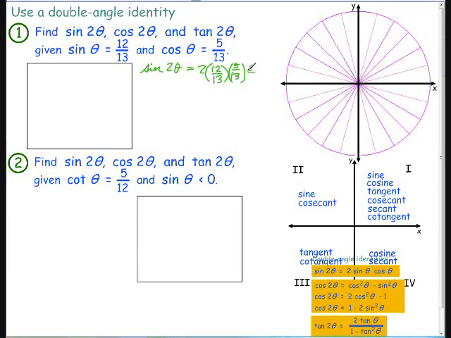Now remember, when we've got fractions, we multiply together the denominators and we multiply together the numerators.